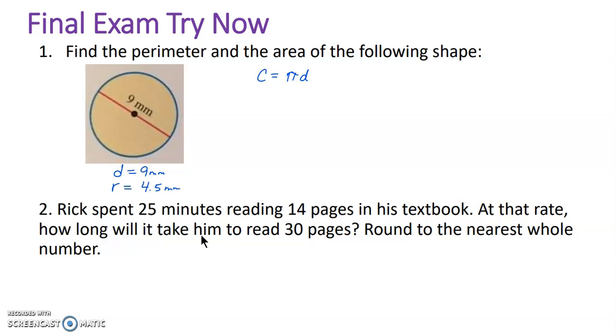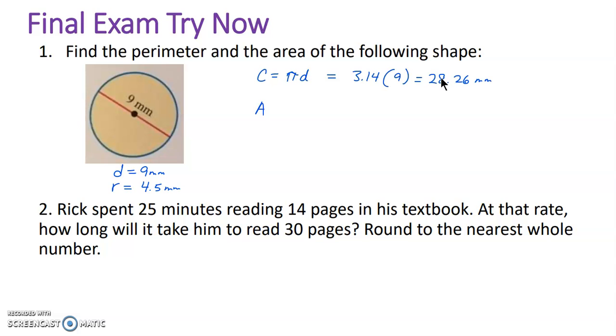If we want to calculate our circumference, we're going to use rounded pi, 3.14, multiplied by 9, gets us to 28.26 millimeters. That's the outside measurement of the circle.